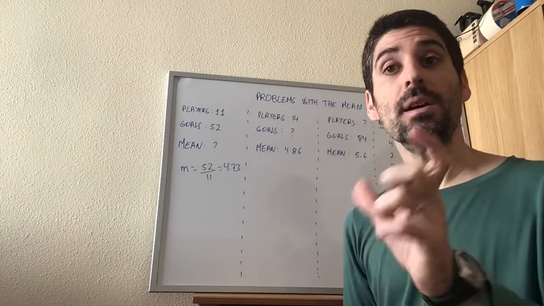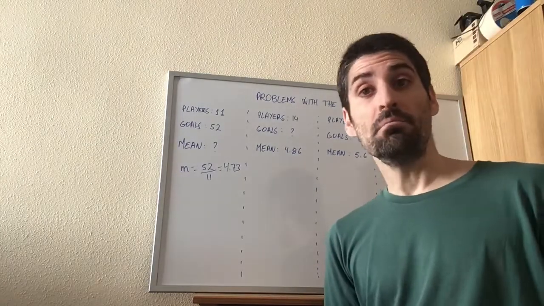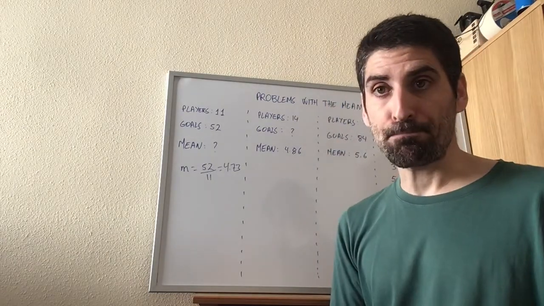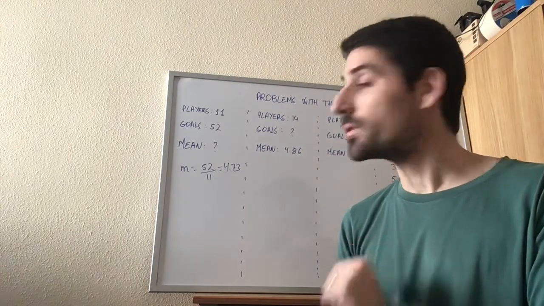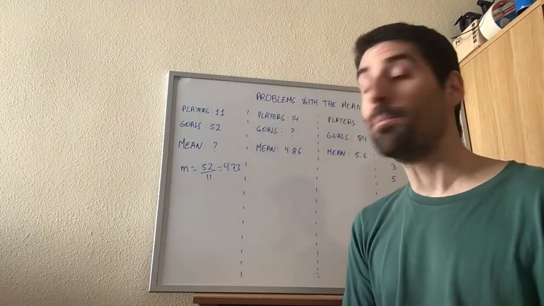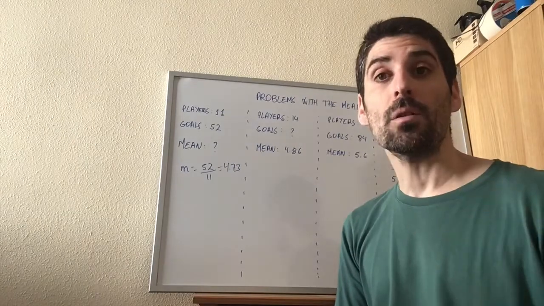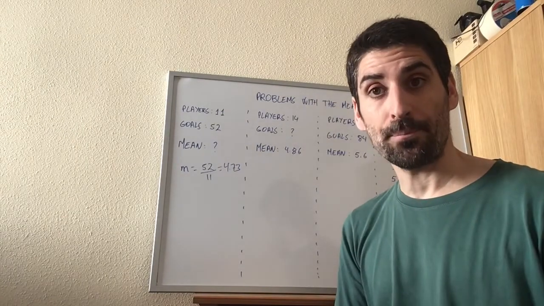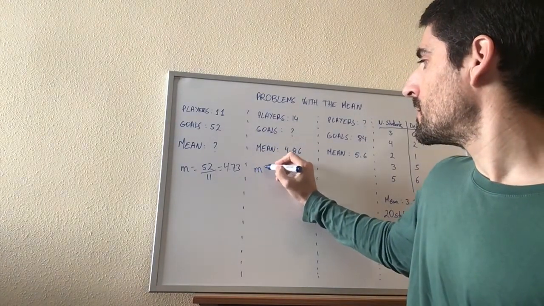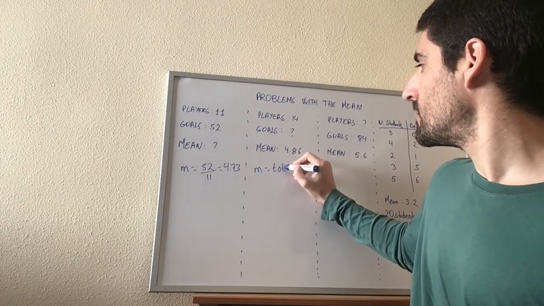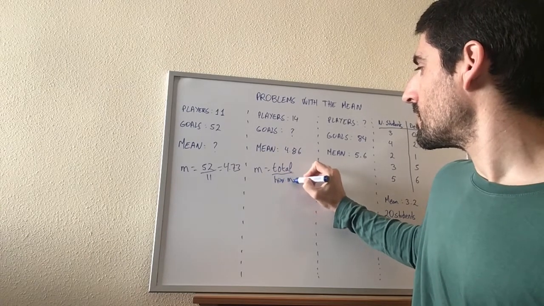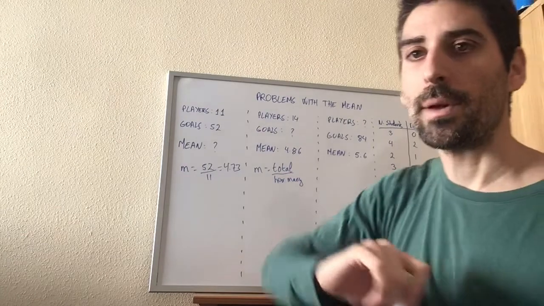The next question, similar. I've got another team, football team, handball team, I don't know. 14 players. I don't know how many goals they've scored, but I know that the mean number of goals scored is 4.86. How many goals did they score in total? Now remember, the mean is the total divided by how many people we had.